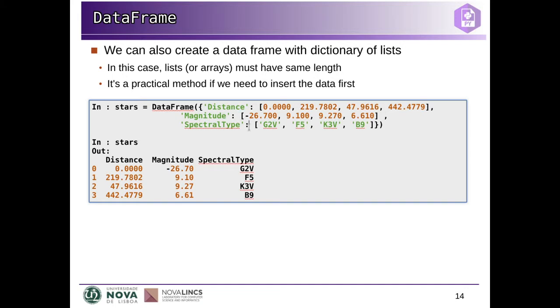So this is an example of stars that are close to us. This one at distance 0 light years is the Sun. This is the magnitude observed here from the Earth, the spectral type, the second one, the distance, and so forth. Another thing that you can see in this example is that it's not a problem to mix data that has a string format with data that is numerical.